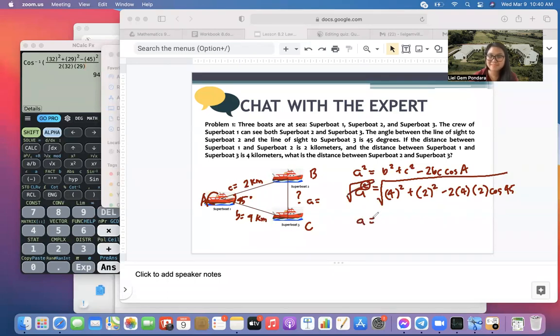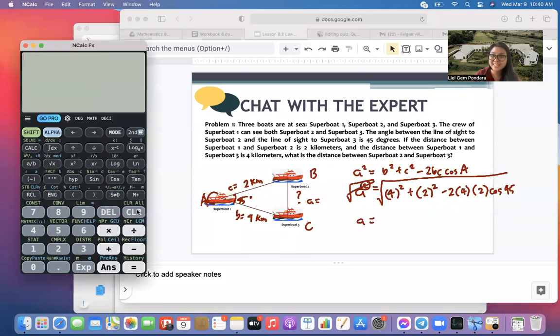We're left with A. So you use your calculator after substituting: the square root of 4 squared plus 2 squared minus 2 times 4 times cosine 45.